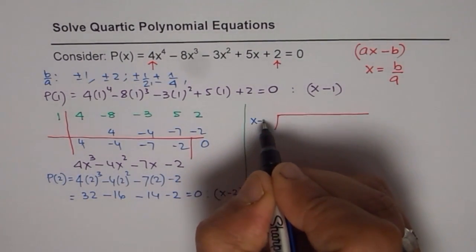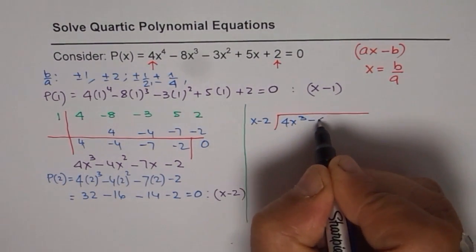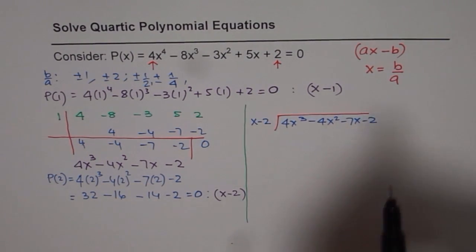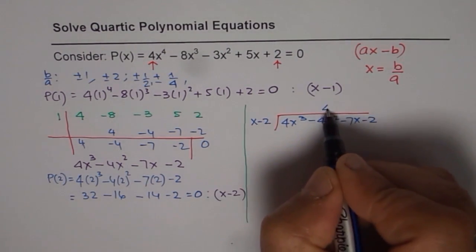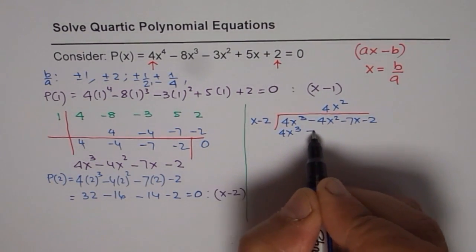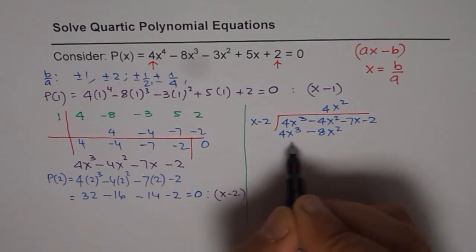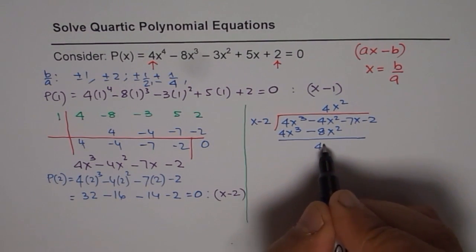We'll write x minus 2 here, and the equation 4x cubed minus 4x squared minus 7x minus 2. Okay, x minus 2 will take the terms 4x squared, correct? So we get 4x cubed minus 4 times 2, which is 8x squared. When you take away, you get plus 4x squared.